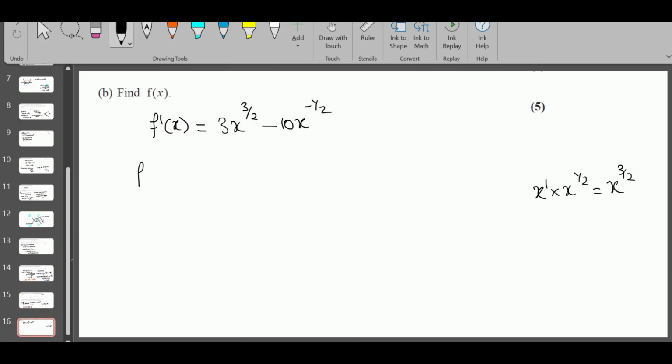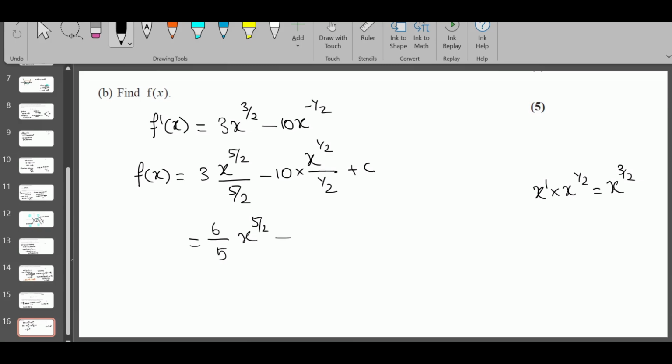When you integrate both sides, you will get 3x power (3 over 2 plus 1) over (3 over 2 plus 1) minus 10 x power (minus half plus 1) over (minus half plus 1) plus c. So it's gonna be 6 over 5 x power 5 over 2 minus 20 x power half plus c.